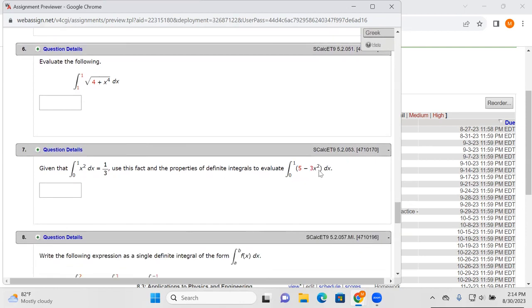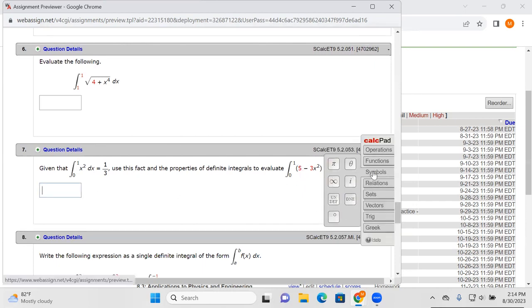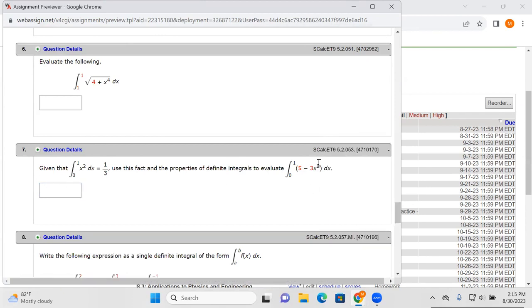Here we can actually use our summation rules to work this out, noticing that the area under the function 5 can be computed directly because that would be a rectangle. So when you break this all down, do we get a summa symbol? I don't even know if we have a summa symbol, but whether we have one or not, this would break down to the integral from 0 to 1 of 5 dx minus 3 times the integral from 0 to 1 of x squared dx.